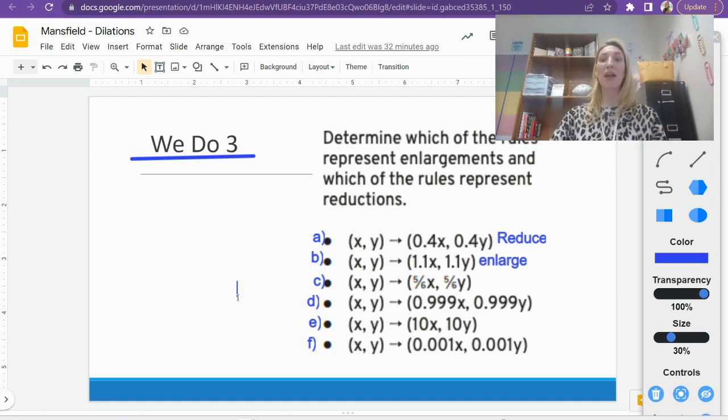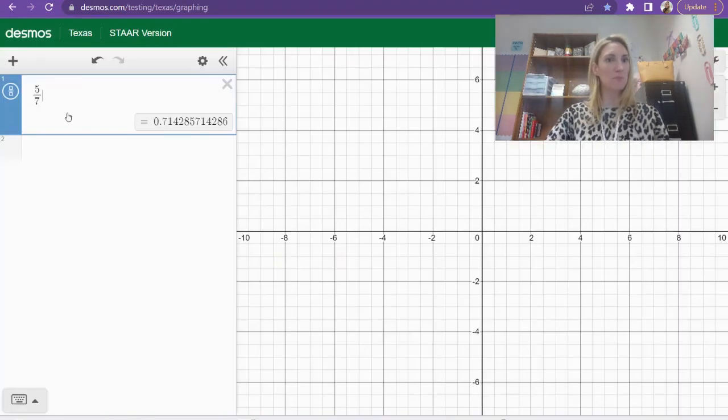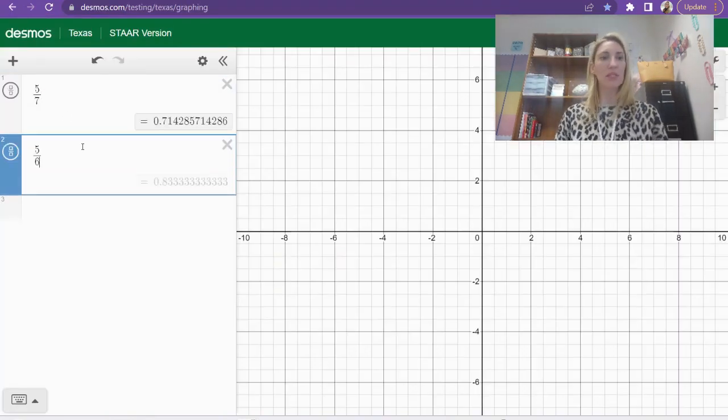Let's try C. 5 over 6 x, 5 over 6 y. If you don't know, just by looking at the fraction, whether it's bigger than 1 or smaller than 1, you can always go to decimals, right? Let me show you how. If you already know, beautiful, great, write it on your paper. But if you don't, let me show you with decimals. 5 over 6, right? Let me open my decimals here. There it is, as a decimal.